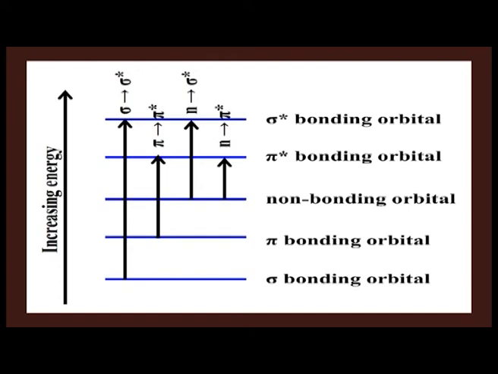The n to pi star transition can be observed in molecules having a double bond with a lone pair of electrons, such as C=O, C=N, C=S, etc. So, a different amount of energy is absorbed for different kinds of transitions.